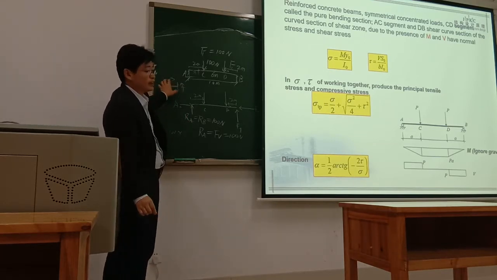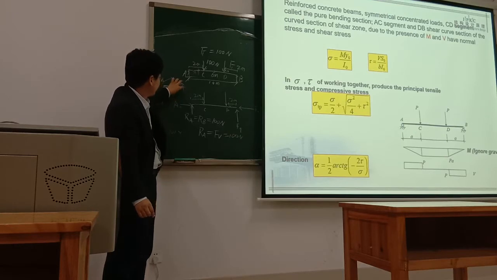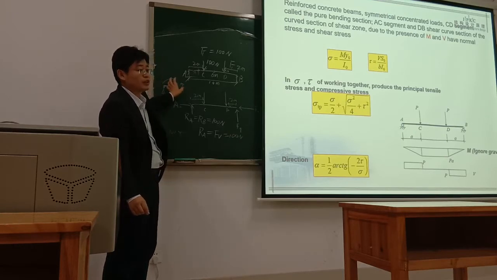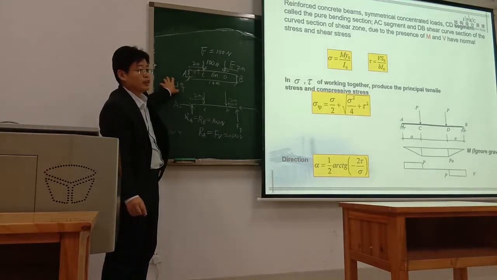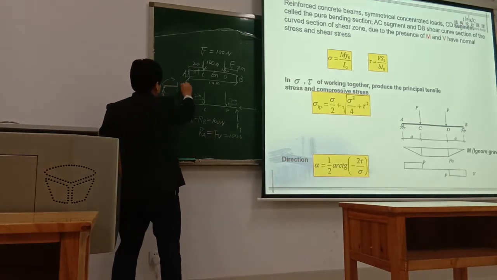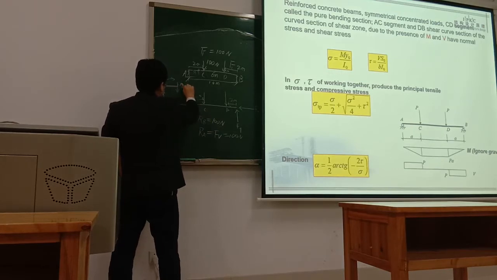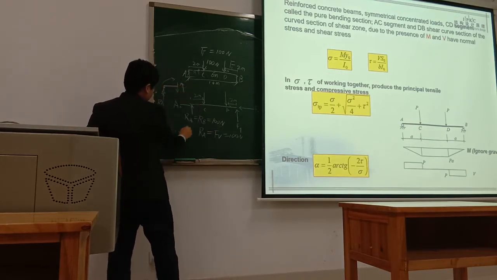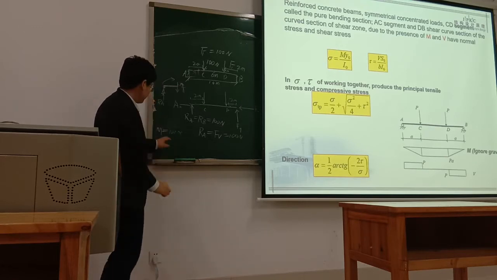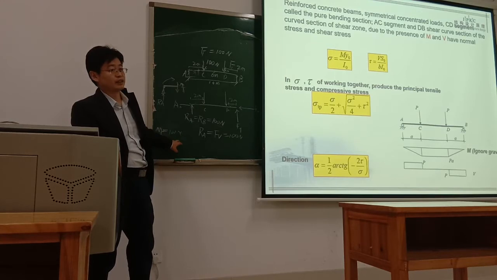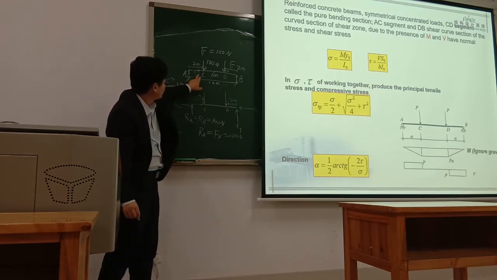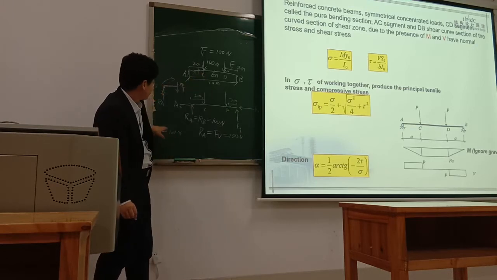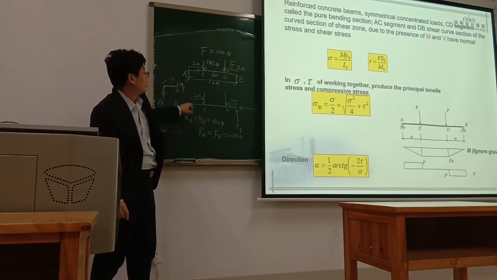To balance this moment, at the cut section you need another moment to keep the structure balanced. So the moment at the cut section equals 100 multiplied by x. As x gets greater, the moment gets greater.